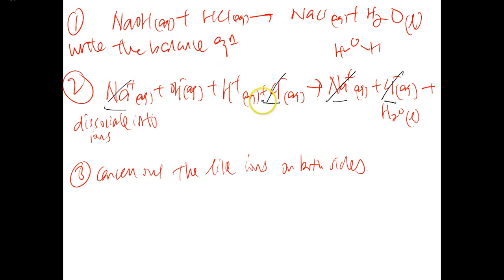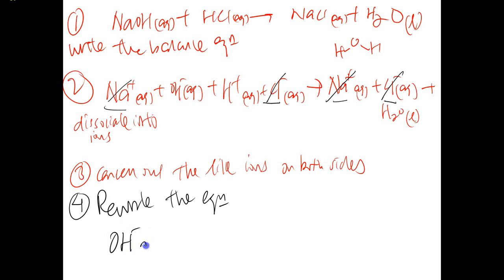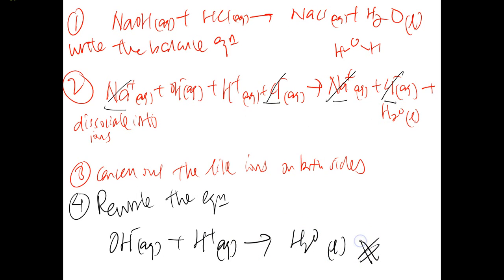And we are left with just these two ions here and water. So for step 4, we rewrite the equation with the ions that are left behind. So what do I have? I have OH minus (aq) plus H plus (aq), giving me H2O (l). And voila, this is the ionic equation. Simple, right?